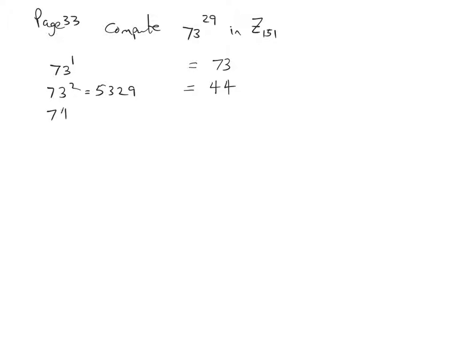So 73 squared is 44, so 73 to the 4th is 44 squared, which is 44 times 44, 1936.